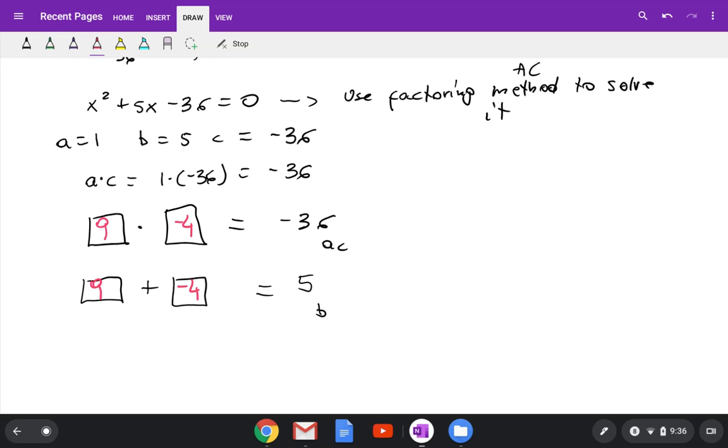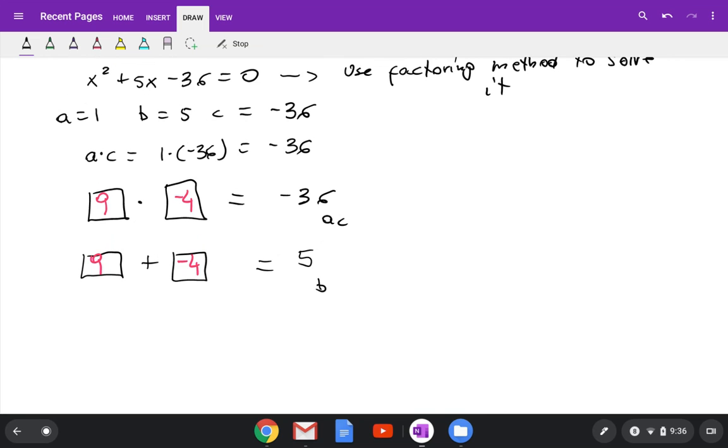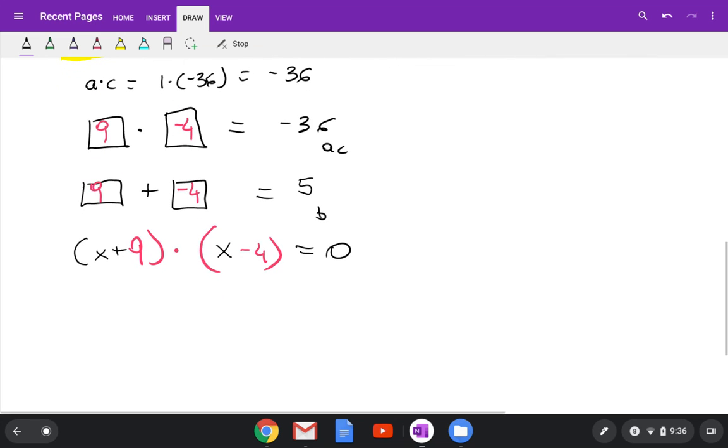Since the product is negative, one of the integers has to be negative. Now since A is equal to 1, you're just going to create two parentheses: x plus your first integer, which is 9, times x plus your second integer, which is negative 4, equals 0. You don't need to worry about factoring GCF.